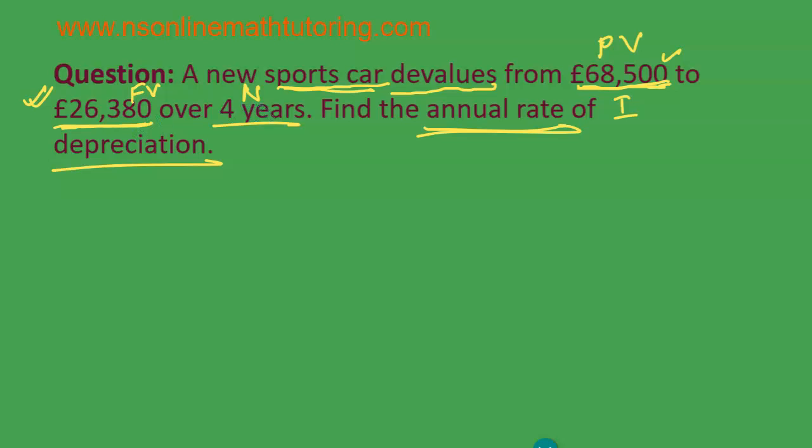So the sports car after 4 years is having this much price value, means that if the owner of that sports car sells that car, he or she will be getting or receiving 26,380 pounds. So this will be having a plus sign and this will be having a minus sign. Clear? So now let us move on to the finance solver.